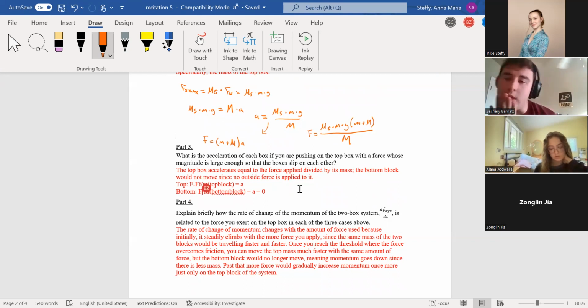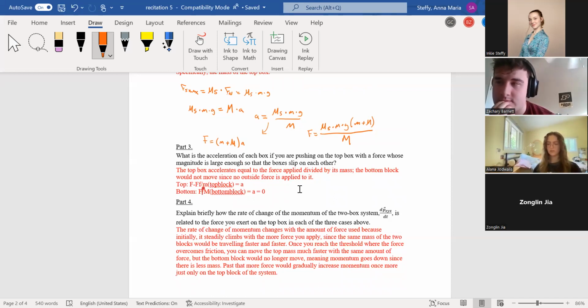So the bottom block then. Yeah, I guess the bottom block would move, because if it's moving without it slipping, then it would probably still move too, even when it does slip. But I don't know how you would rate that.